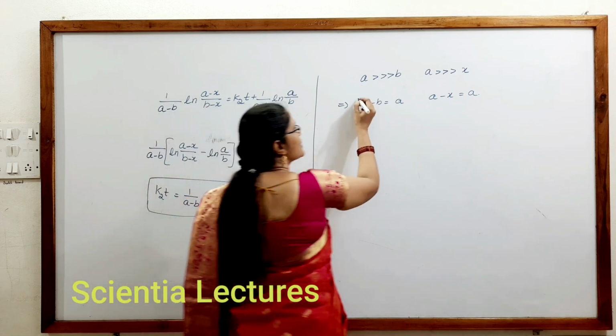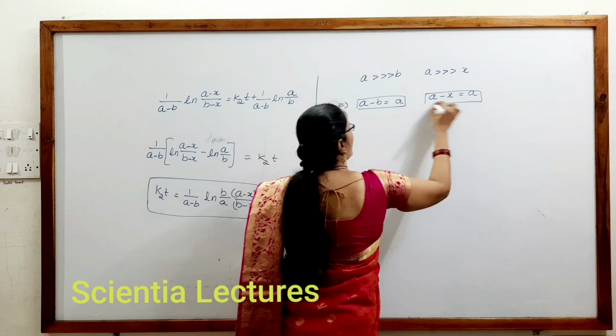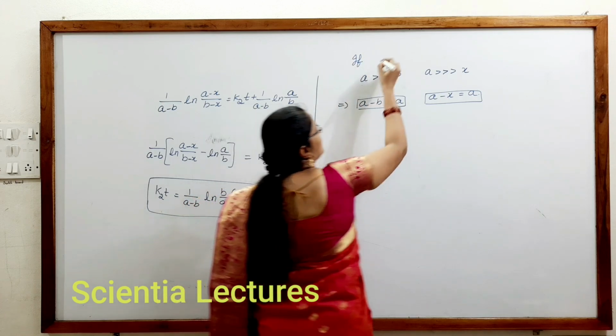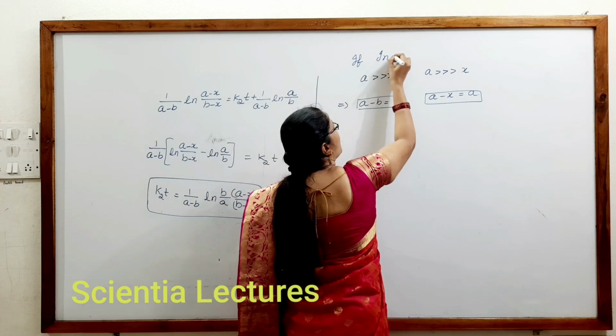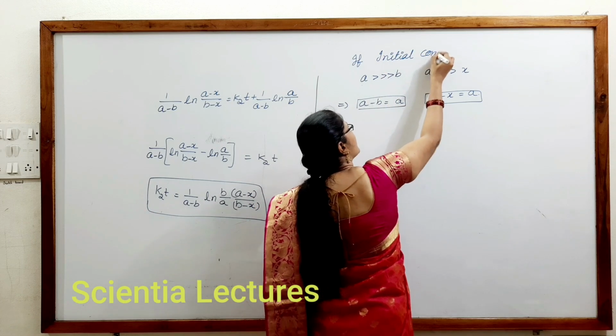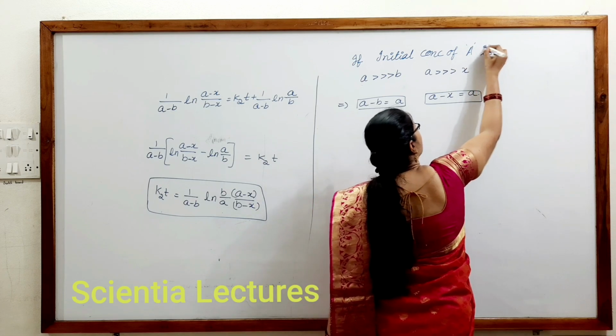So a minus b will become equal to a, and a minus x will become equal to a, if the initial concentration of A is taken in excess.